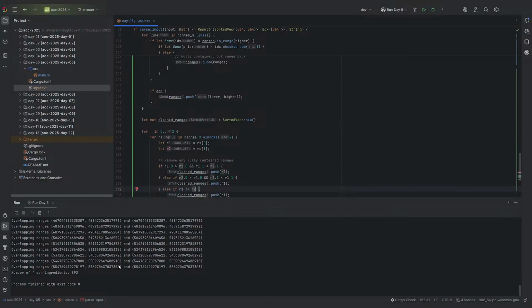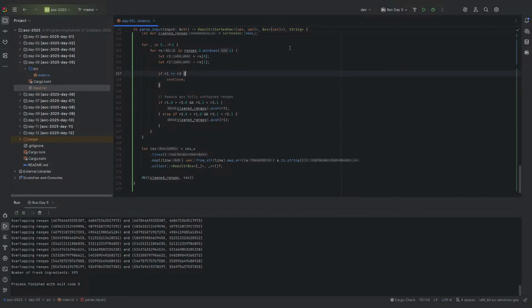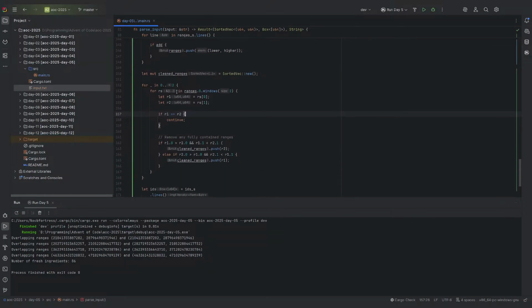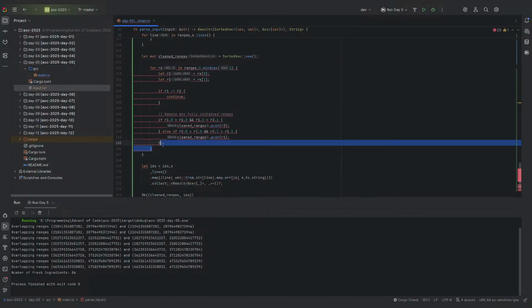Still does this. Somehow repeating it makes it worse every single time.